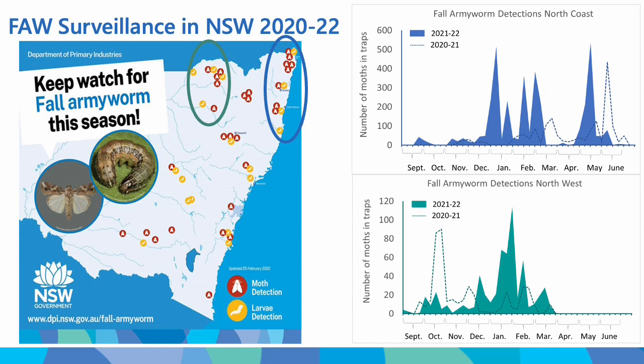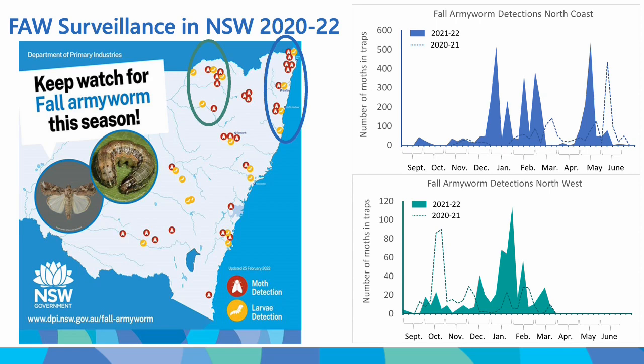So data from the North Coast, which you can see on the top graph there, shows a single major peak of greater than 400 moths, and that occurred during the winter of 2021. But last year there were regular peaks of between 400 and 500 moths, except in March and April when sampling was really heavily impacted by floods. So we can say that there seems to be a resident population on the North Coast, and this was also the only region where populations persisted over winter.